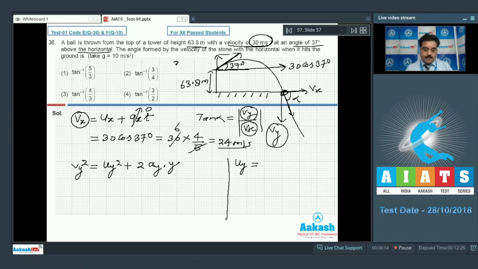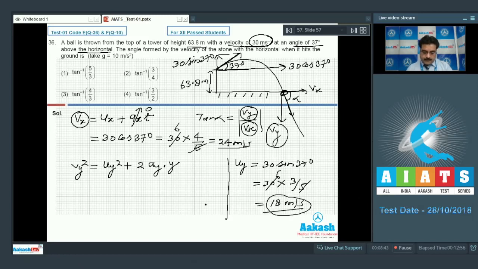So you will write initial velocity 30 and vertical component sine 37 degrees. So uy means 30 sine 37, and you know the value of sine 37 is 3 upon 5, so we will get 18 meters per second.